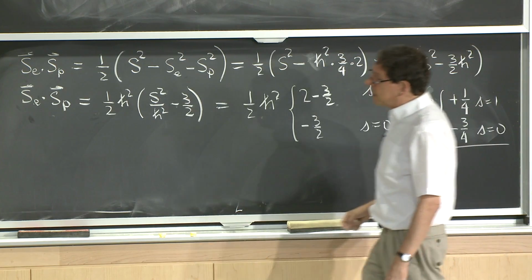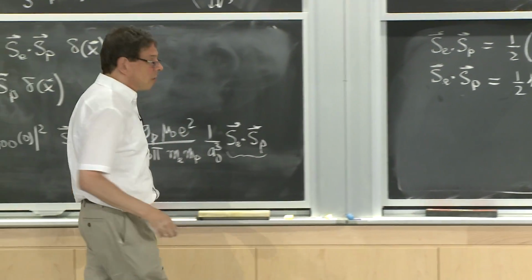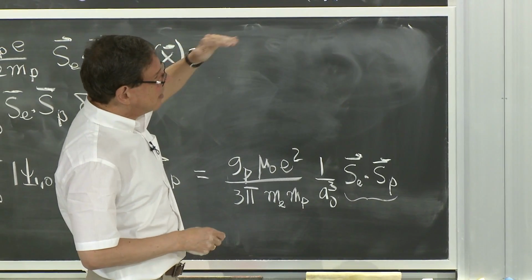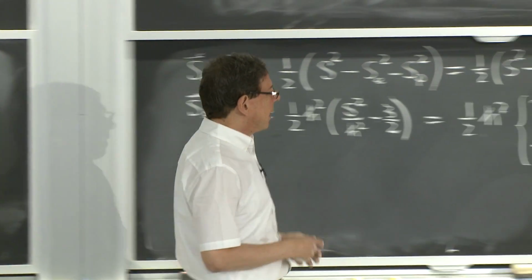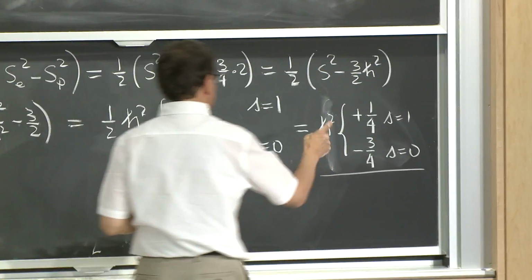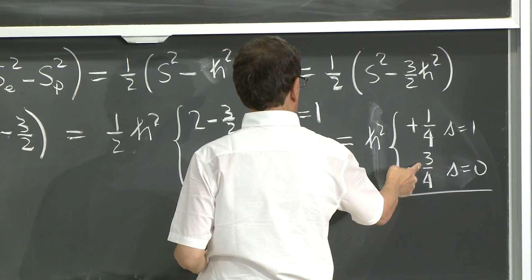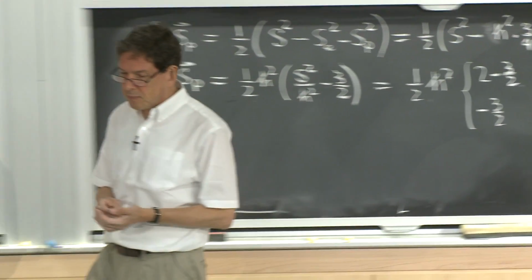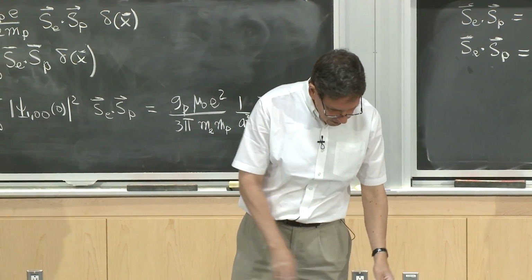So this is what this operator does on the basis where it's diagonal. On the 3 states of the triplet, it gives value 1/4 ħ squared. On the single state of the singlet, it will give value minus 3/4.